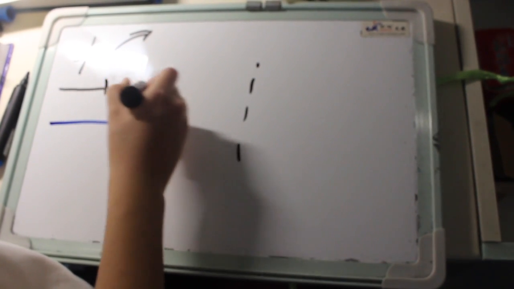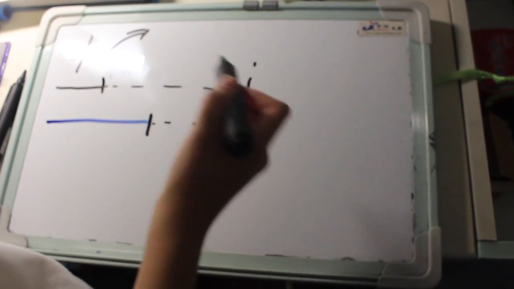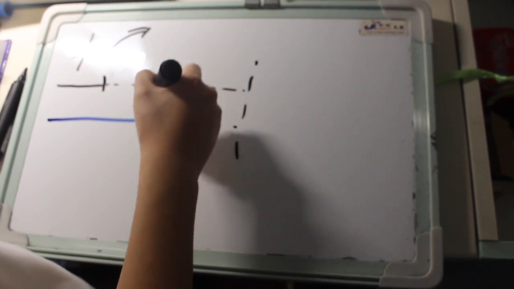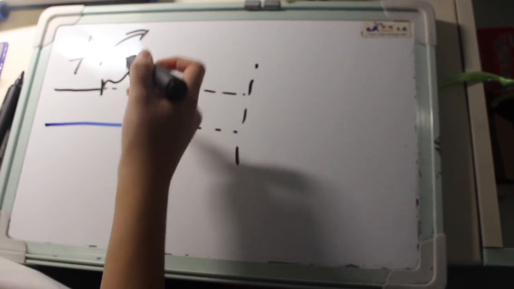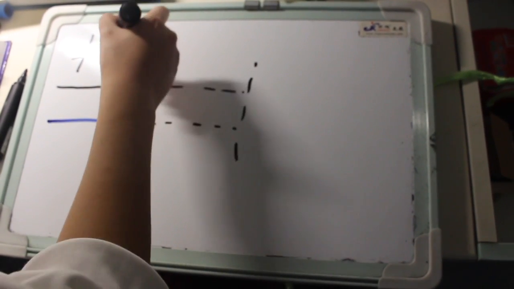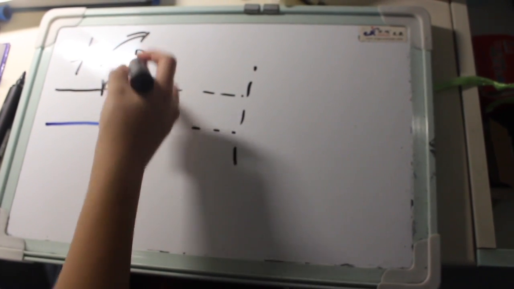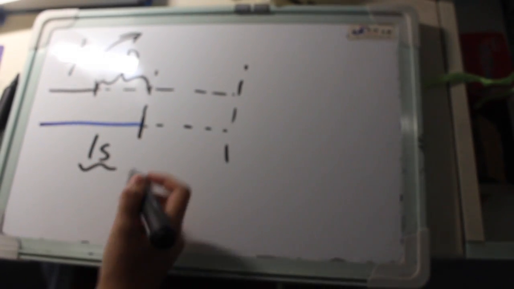Then we can draw another picture that when they have the same speed, at this instant, and there they meet. And there, the distance between them is the distance at the 1 second.